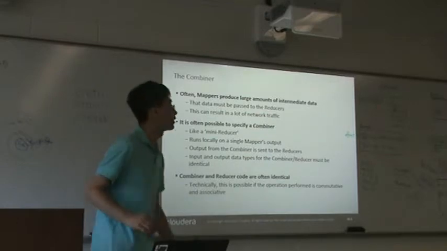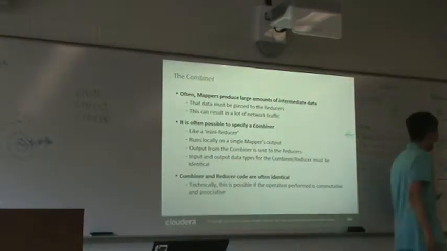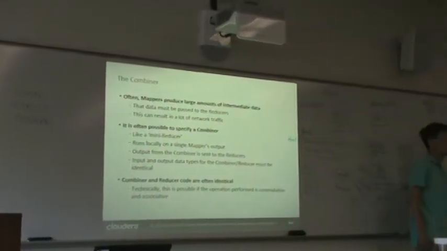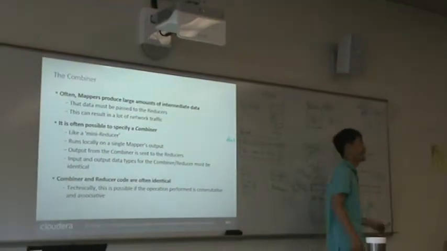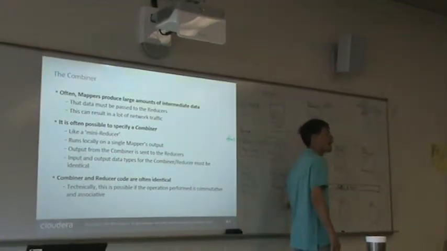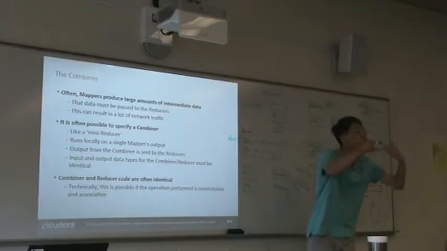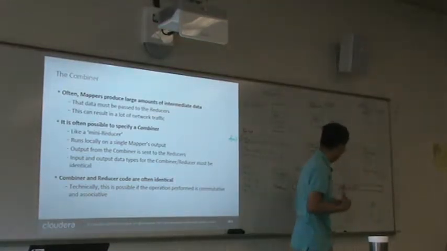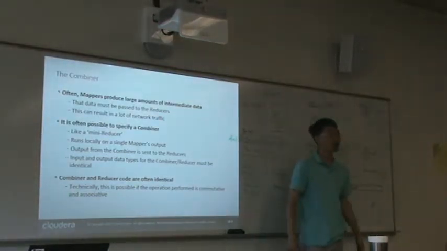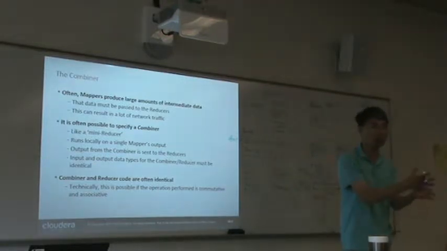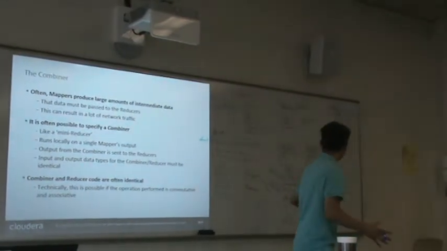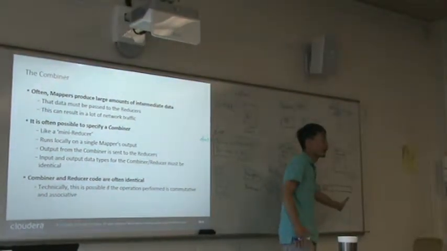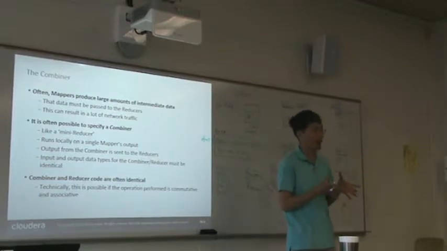So combiner, in short, in case we have multiple nodes. Combiner is to reduce the load on the reducer. Because the reducer, as some of you already guessed, is a bottleneck. It will be the overhead.